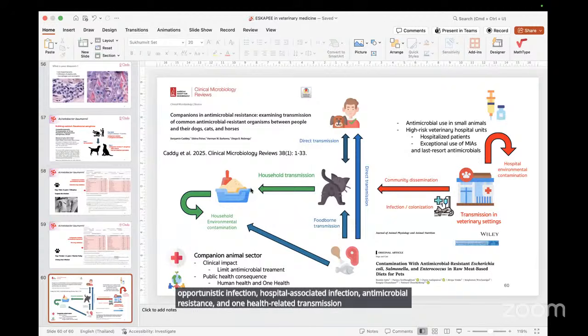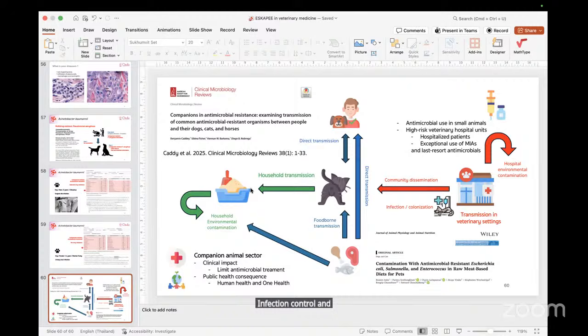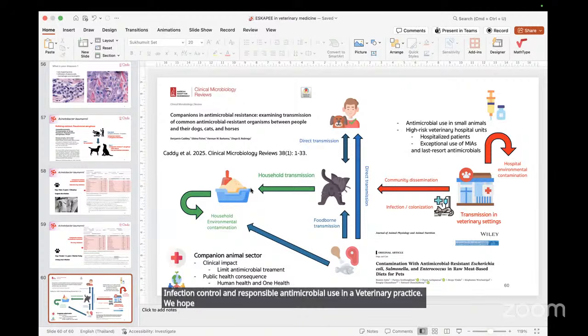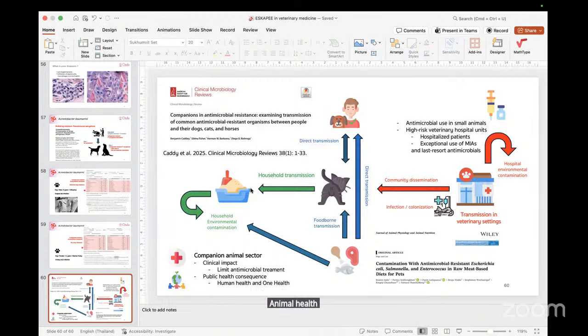Achan also emphasized the importance of proper bacterial identification, antimicrobial susceptibility testing, infection control, and responsible antimicrobial use in veterinary practice. We hope today's lecture has provided valuable insight for all participants, especially in understanding the connection between veterinary microbiology, animal health, public health, and antimicrobial resistance.